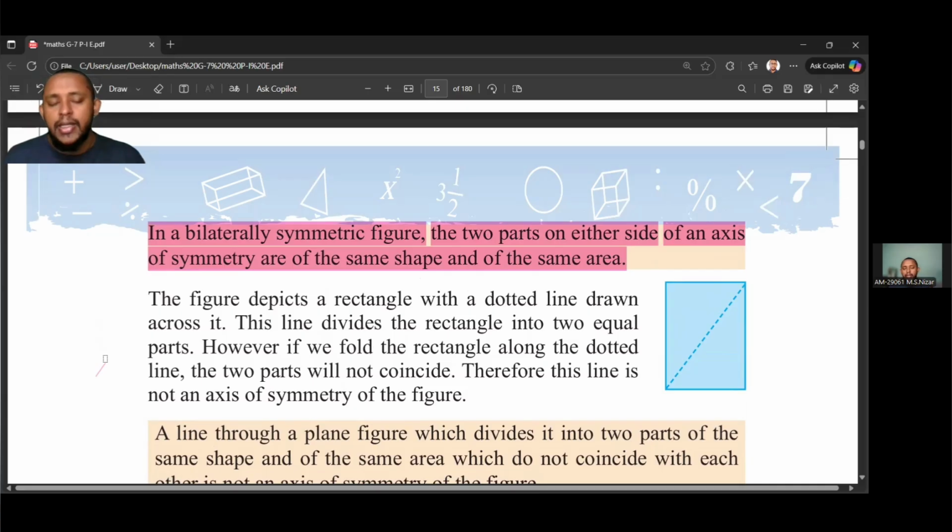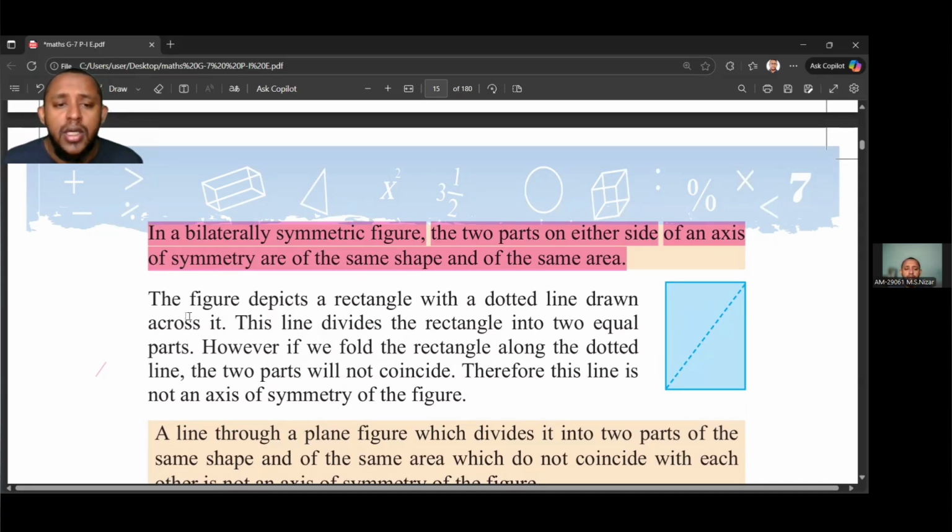Once you divide it through that fold, you will have the same shape with the same area.